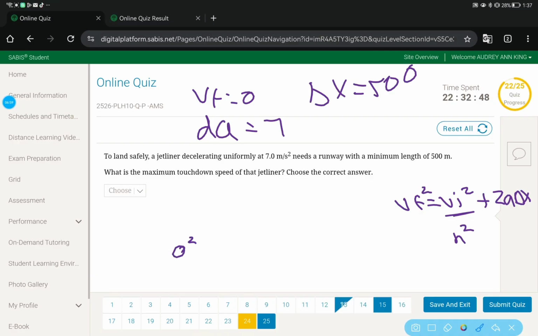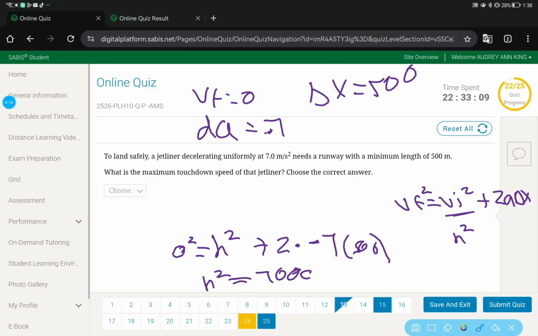After replacing it, 0 squared equals h squared plus 2 times -7, because we're decelerating, times 500. After solving, you should get h squared equals 7,000, and when you square root that, you should get 83.7.